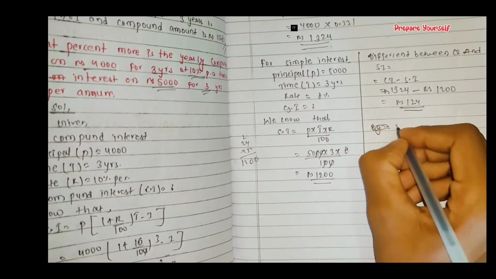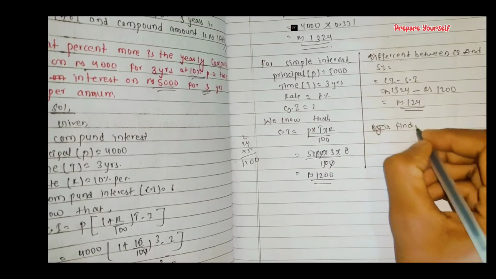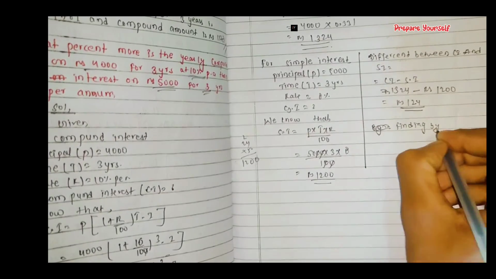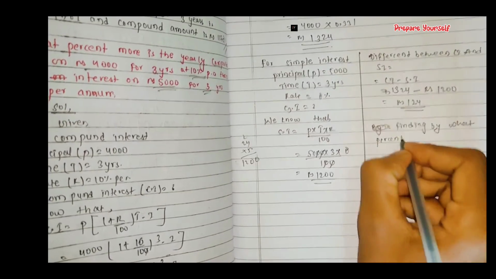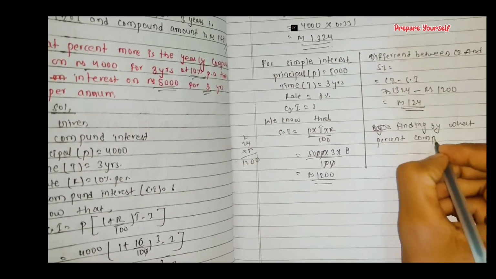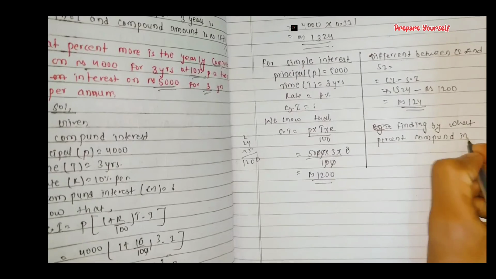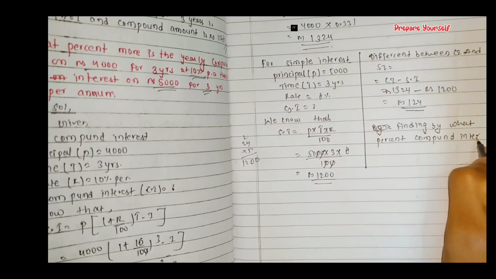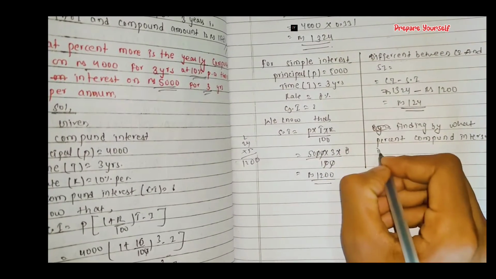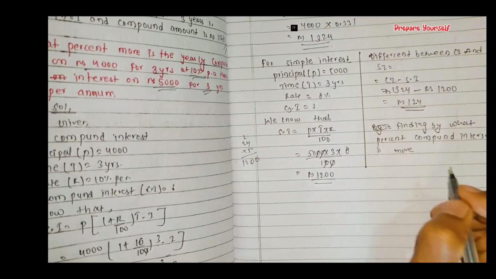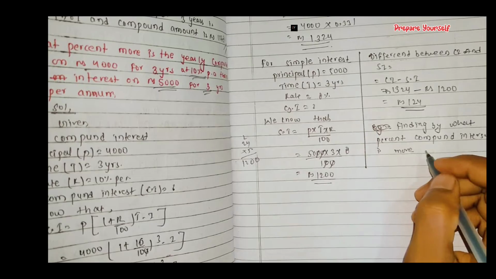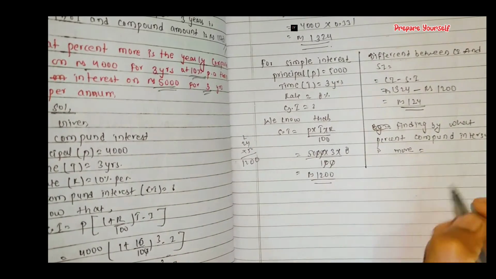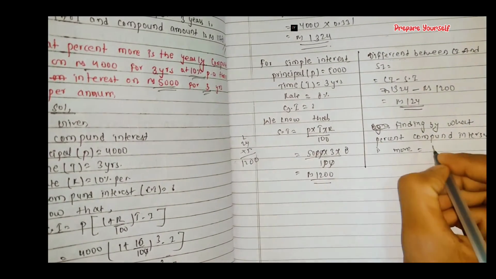Simply finding the percentage, by what percent the compound interest is more. So when we have to do the comparison, here in this question we have to do the comparison with the simple interest. So the simple interest will be in the denominator.